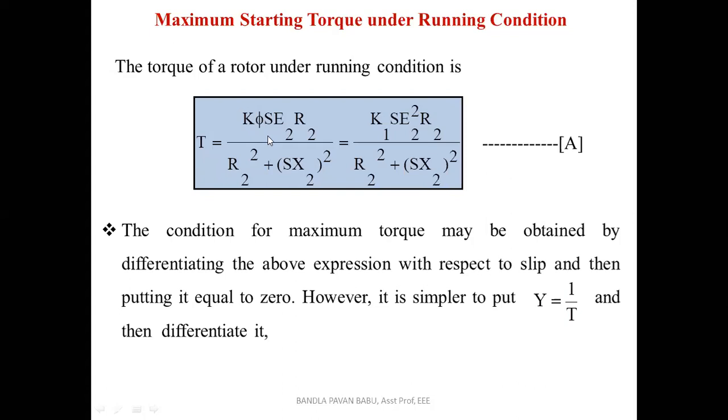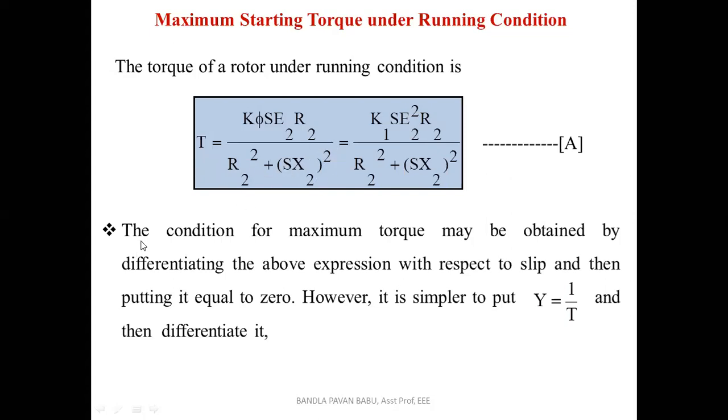Again e1 is equal to e2 in the torque equation we have defined. So that overall constant can be termed as k1. Don't get confused with k1 and k2. K2 is another constant, and k1 is the equivalent of k into phi. Here phi has to be replaced with E1, and since E1 equals E2, we get E2 square there. All this we have derived in the torque equation.